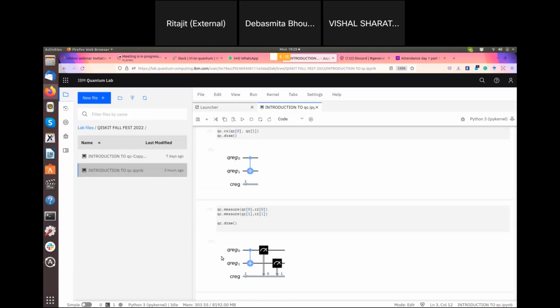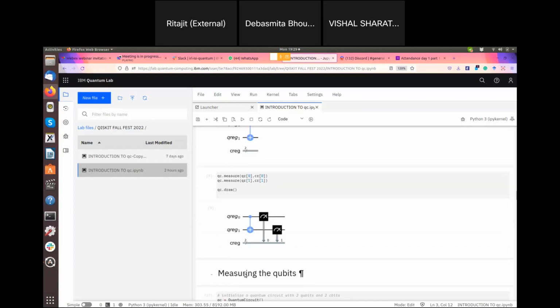Now we have to measure, because for a complete circuit we have to insert the measurements. So for measuring, if you want to measure the first line, that is quantum register 0, you will write qc.measure(qr[0]). And for measuring like this, you have to incorporate one classical register, because after measuring the quantum states are getting collapsed into classical states, right?